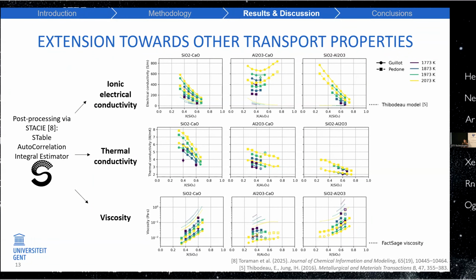So for viscosity, we can benchmark against the viscosity module from FactSage, which is a quite mature model. But for ionic electrical conductivity, there is a model in the literature, but it's fitted on very limited experimental data. And for thermal conductivity, we don't have a reliable structure property model yet.